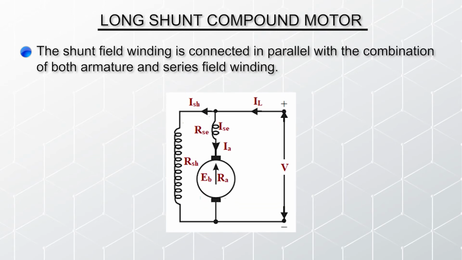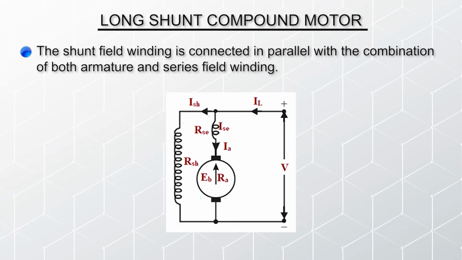Here you can see in the diagram that the series field winding, denoted by RSE, is connected in series with the armature of this motor, and the field winding RSH is connected across the combination of series field winding and armature.